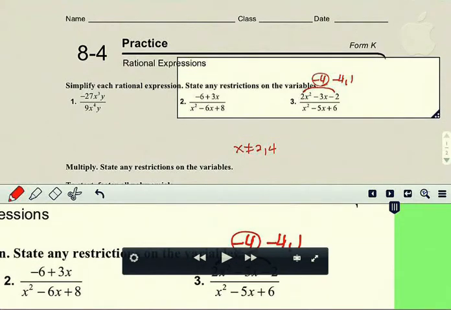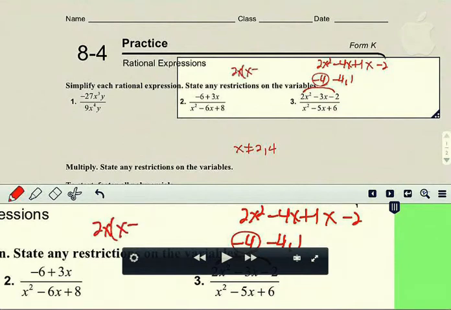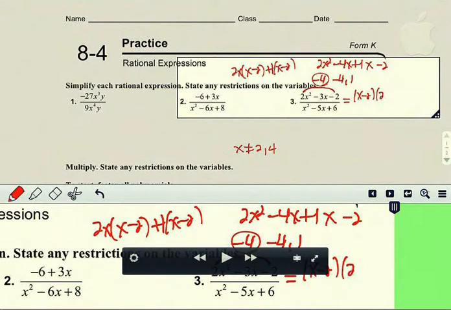So we would get 2x squared minus 4x plus 1x minus 2. If you take 2x out of the first two terms, you'd have x minus 2. And take a 1 out of the last two terms, you'd have x minus 2. So the top then is going to factor x minus 2 times 2x plus 1.